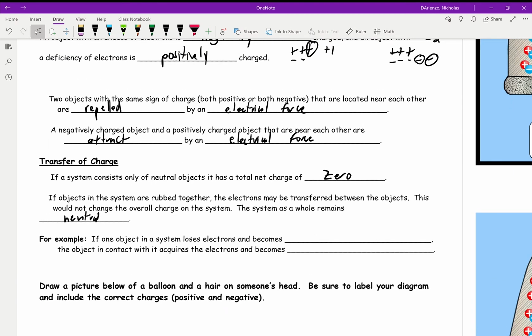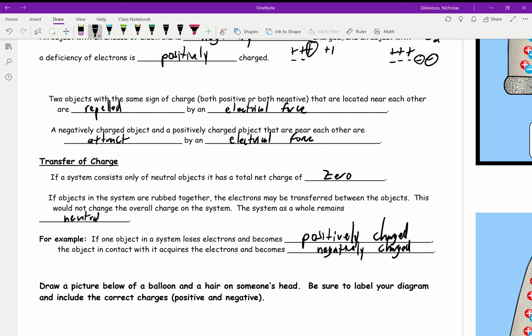Now, if one object in a system loses electrons, it becomes positively charged. Which means the other object that's in contact with it acquires the electrons that were lost by the first object and becomes negatively charged. Now keep that in mind.